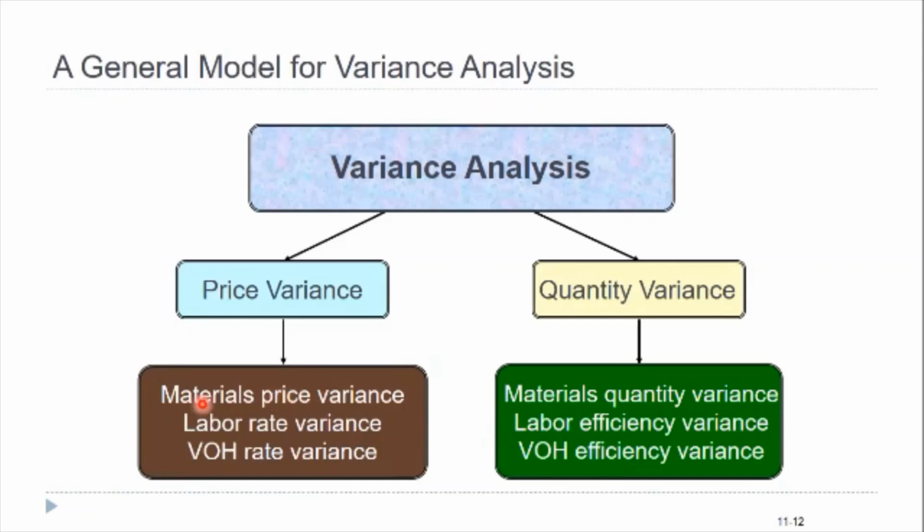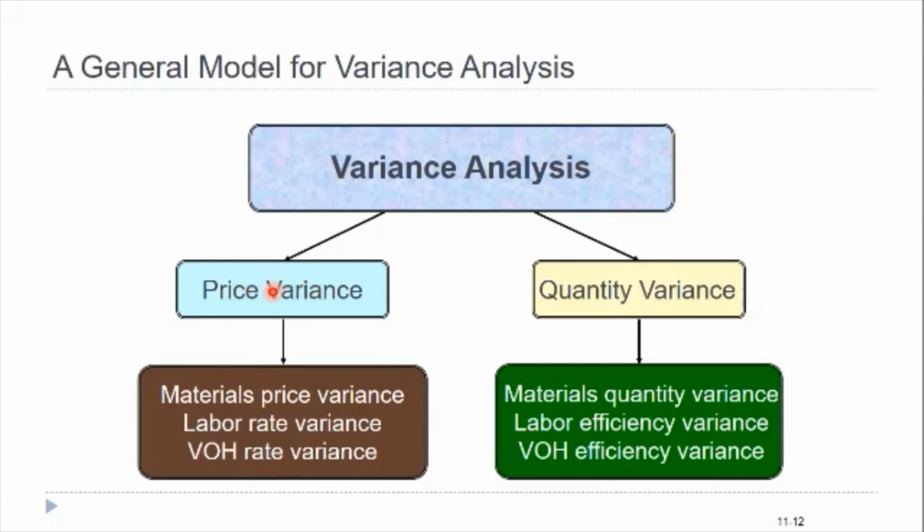Okay, you could have three different price variances: the material price variance, the labor rate variance, and the variable overhead rate variance. We call these rates because they are actually a rate, the hourly rate for labor, and the overhead absorption rate for overhead.